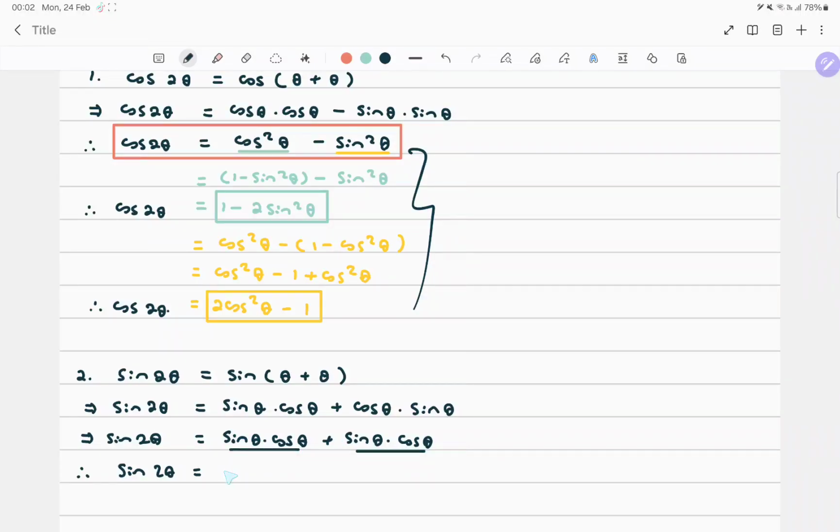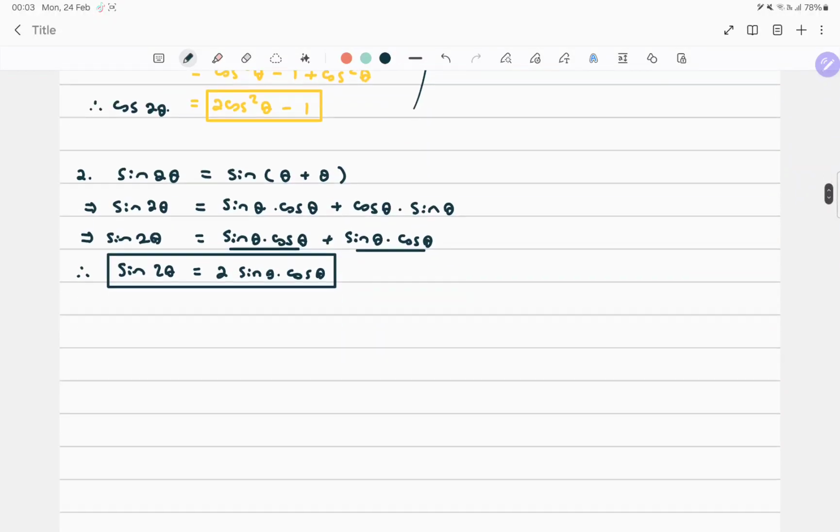Now, this gives us 2 sine theta cos theta. And that's the double angle identity for sine. And luckily, there is only one. There's not 3 like in the cosine situation.